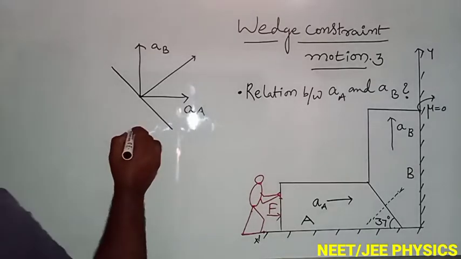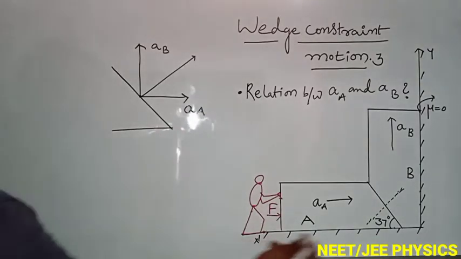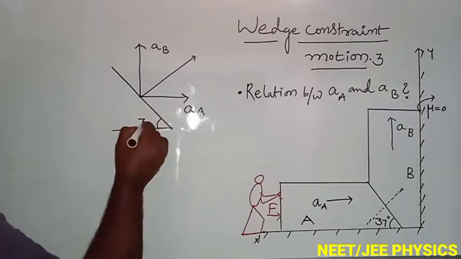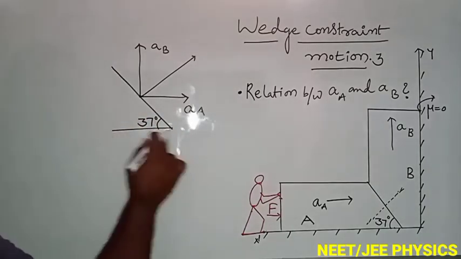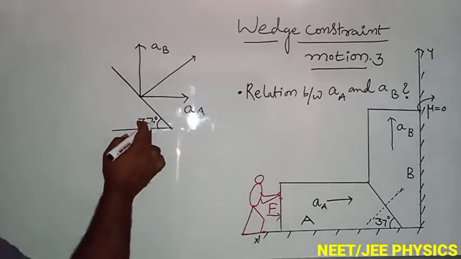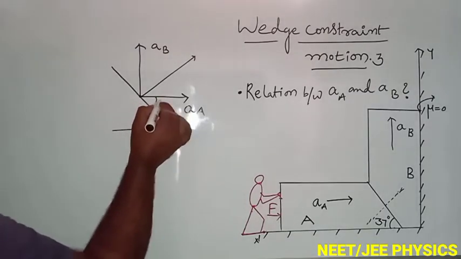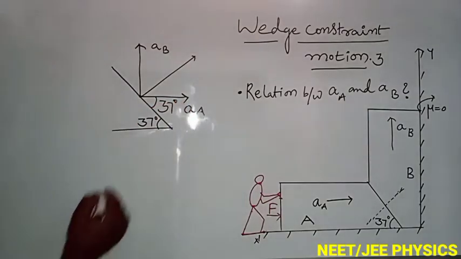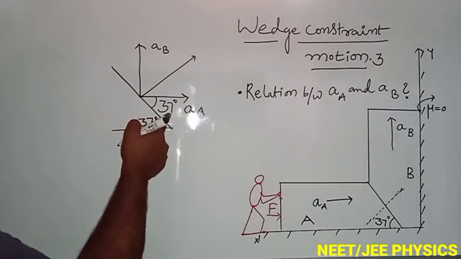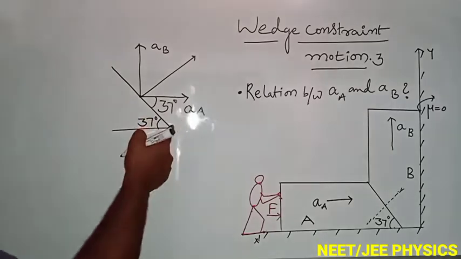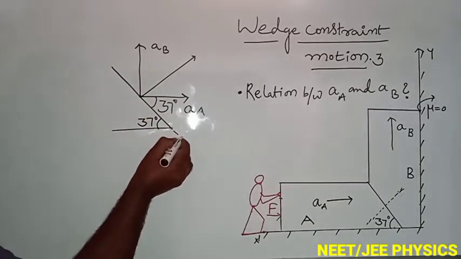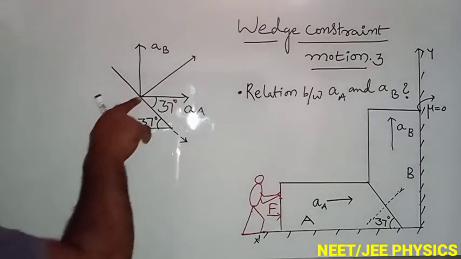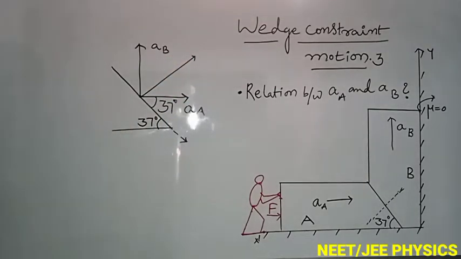For that, see here, this common surface is making 37 degrees with the horizontal surface. If it is 37, this is also 37 degrees. Now AA we can resolve into two components: one is the horizontal component, another one is the vertical component.